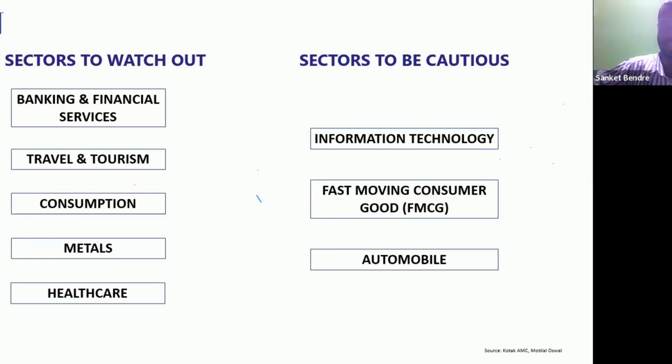The next sector we believe to be cautious on is FMCG, that is fast-moving consumer goods. Companies such as Britannia, Dabur and Marico have been providing a weak sentiment given the weaker demand in the urban sector.